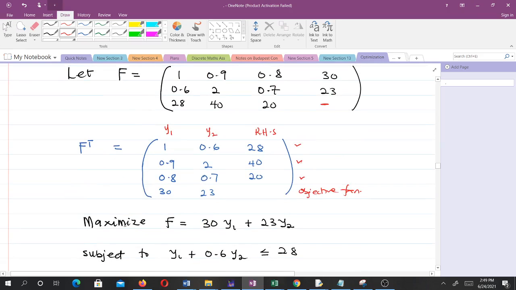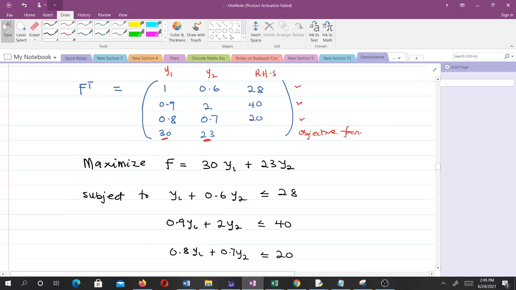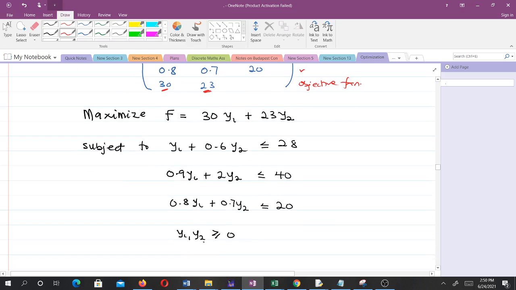So we will say maximize f equals 30y1 plus 23y2, subject to these constraints: y1 plus 0.6y2 less than or equal to 28, and so on. And these are non-negativity constraints. Do you get it?